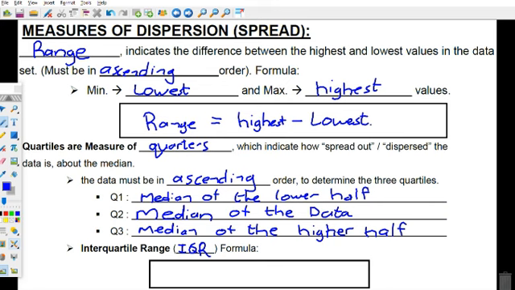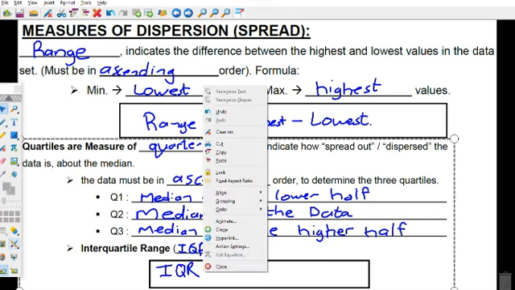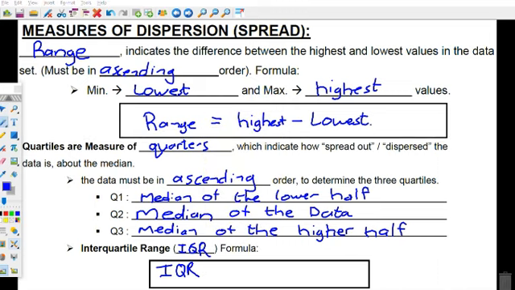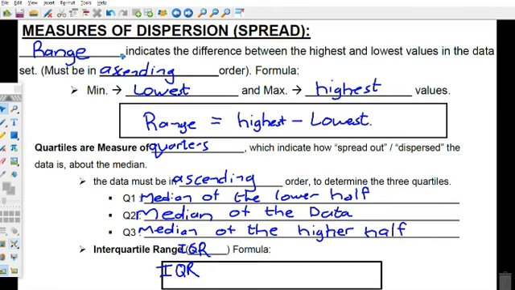If they talk about inter-house sports, or when we play inter-class soccer on Founders Day, what does inter mean? In between, it's with these people. So the interquartile range is in between what? Quartiles. So my interquartile range is what? It's going to be, whoopsie, no.